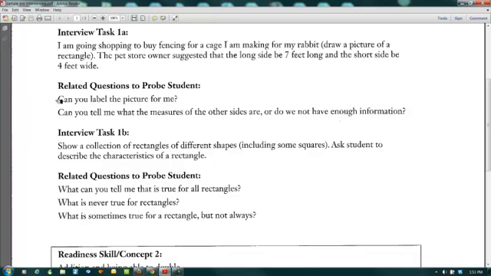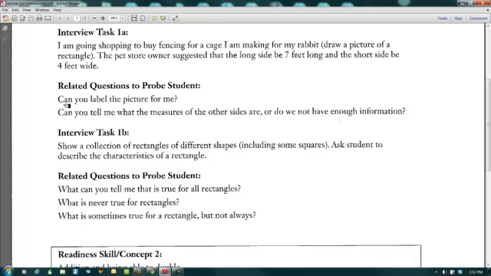Can you tell me what the measures of the other sides are, or do we not have enough information? So you'll see that you'll have to think ahead. Not only do I want the students to show me what they know, but I'm going to anticipate what they don't know, and I want to make sure that I ask a question about that one as well.